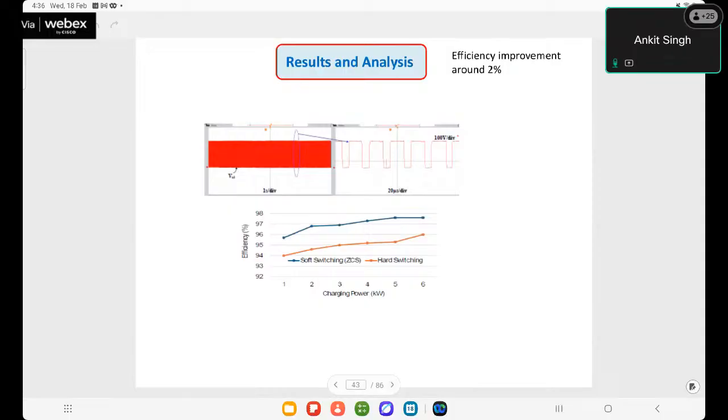This is the voltage across the switch S1. And one important thing we have analyzed: through zero current switching, compared to hard switching, there is an efficiency improvement of approximately 2%.